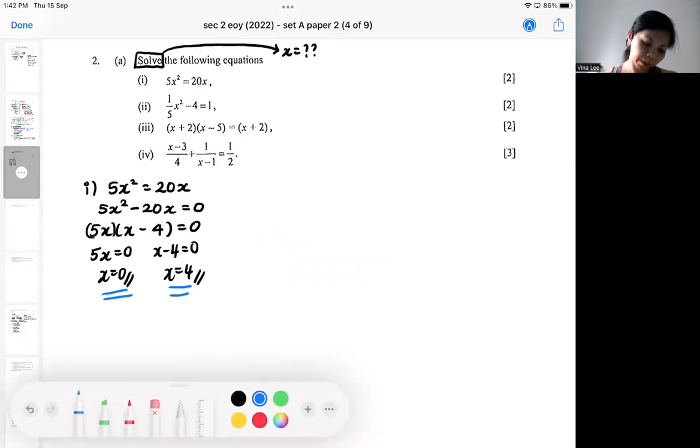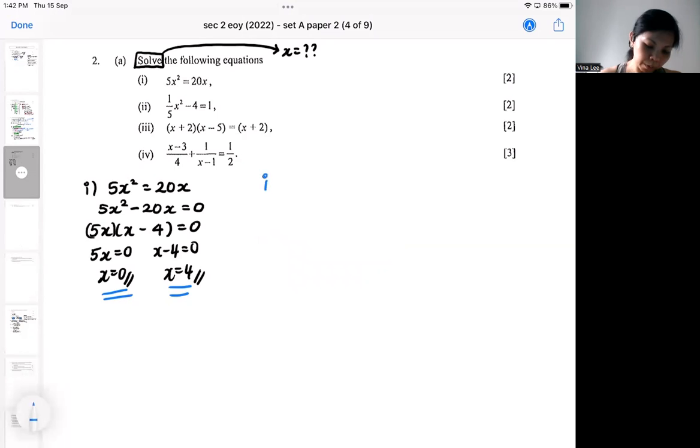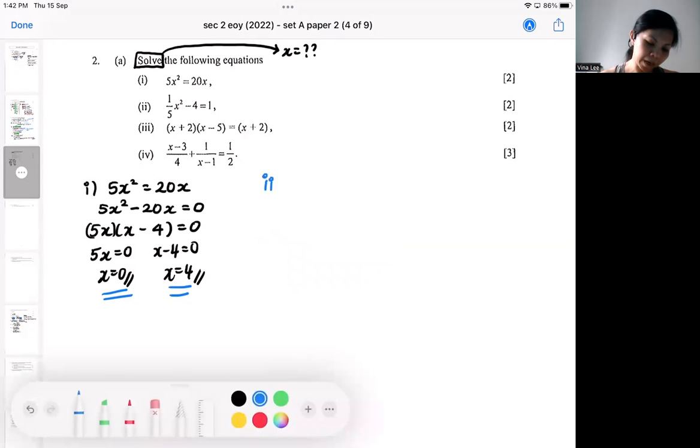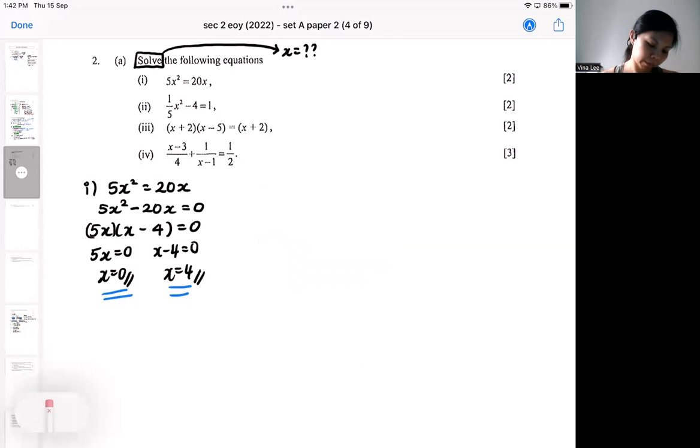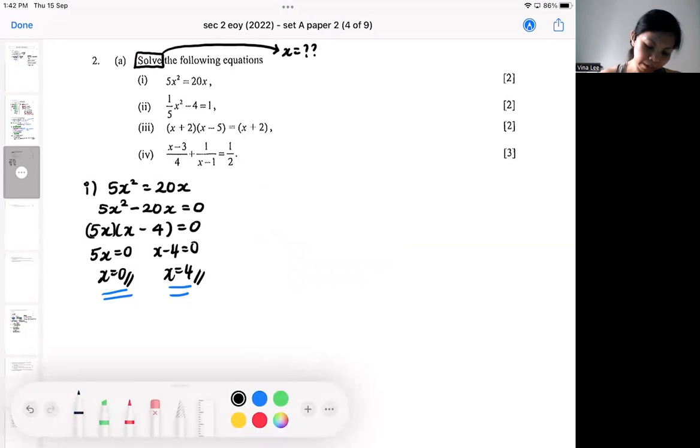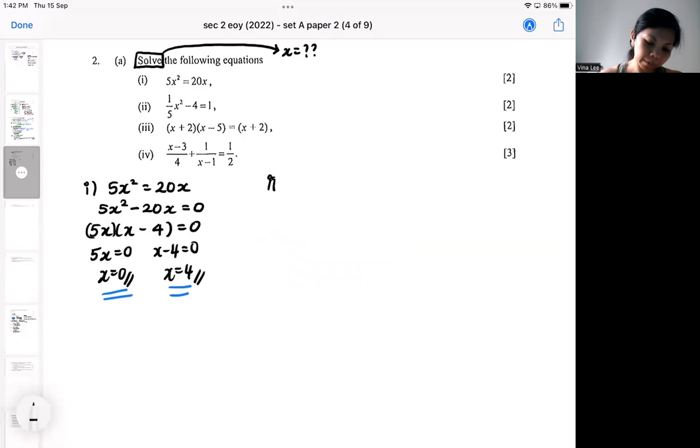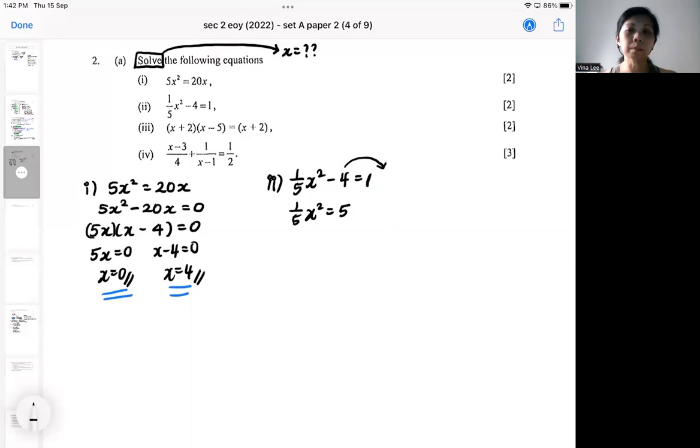The second question is pretty easy, but some of you got mind blocked by the fraction. So your job is to find x. So some of you realize that, okay, I know I can bring the number over. Yes, you can bring the number over.